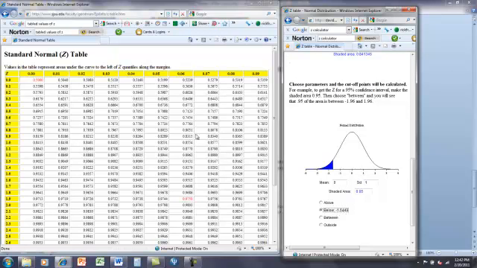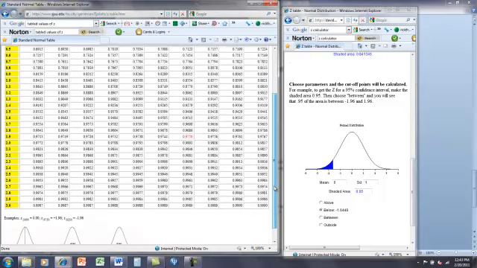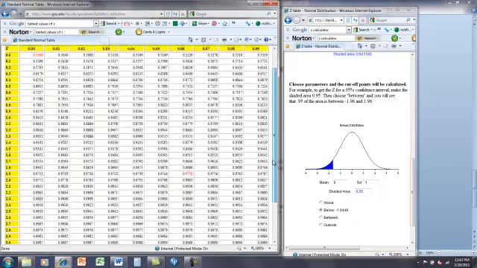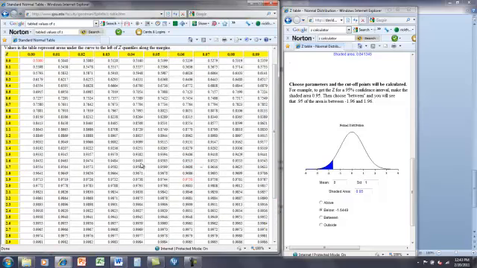And so I can find 1.65 here positive and see that it corresponds to 95%. Now, that's tricky for some students because they don't get that, but all you're trying to do is to flip it over in your head. If you went up to 1.65 positive z, 95% of the curve would be there and 5% would be out here.